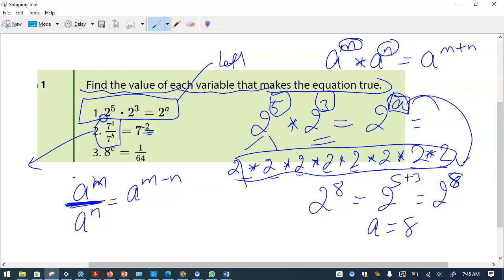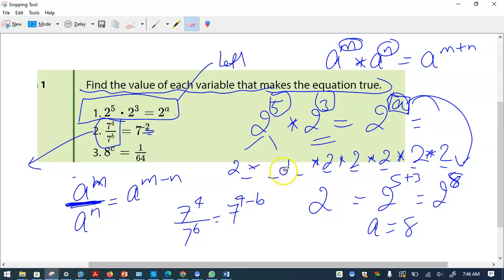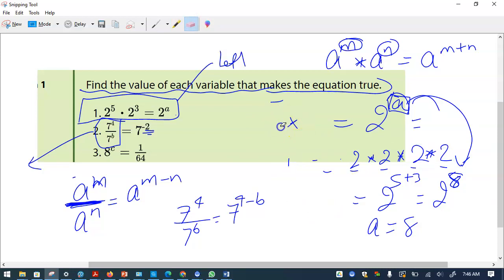That means in this case, 7 raised to 4 divided by 7 raised to b basically means 7 raised to 4 minus b. And the right side is already given to us as 7 raised to minus 2.